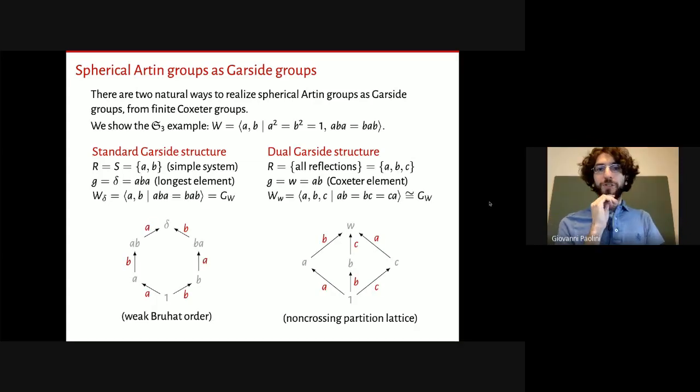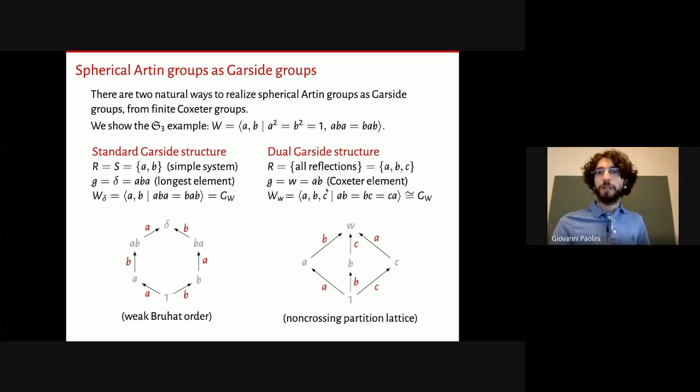Here are the pictures. So in the case of the symmetric group sigma 3, we have the picture we already know everything about on the left. On the right is what happens if you do this dual construction. So the generating set is not only A and B, but now there is also the third reflection, that I call C. You can choose any of the two Coxeter elements of sigma 3.